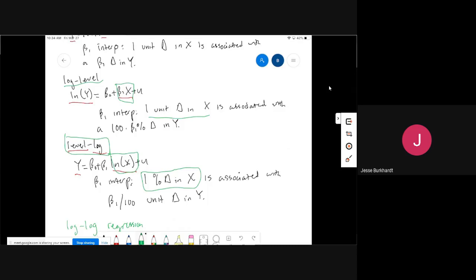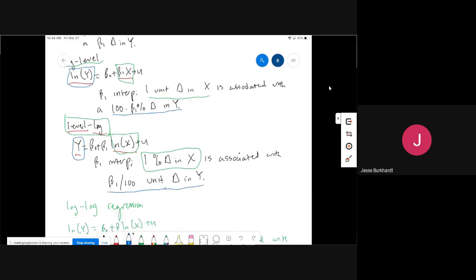And then vice versa, in the log level, y is logged, and we're dealing with a 100 times beta 1% change in y. In the level log, y is in levels, so we're dealing with a beta 1 divided by 100 unit change in y, not percent change in y.